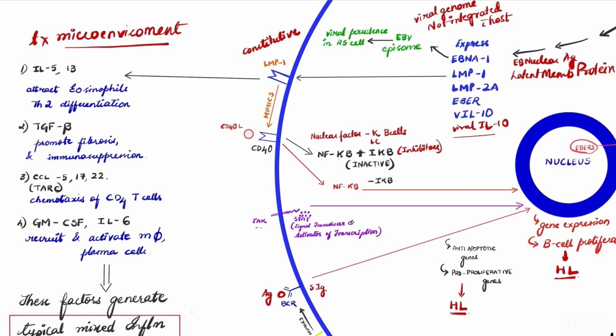By secreting, the LMP1 will secrete interleukin 5 and 13. Interleukin 5 is well known for eosinophils, and 13 will also cause Th2 differentiation. So it will attract eosinophils and Th2, that is the CD4 lymphocytes, get differentiated and get attracted.